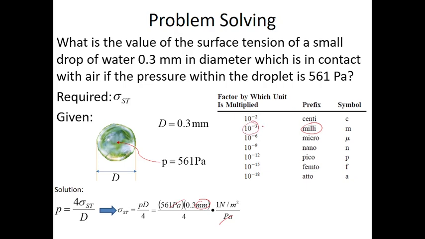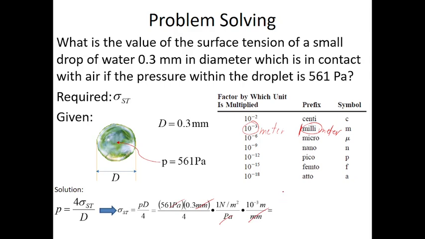So if the unit is meter, this will become millimeter. So for every millimeter, we have 10 to the negative 3 meter. One millimeter is 10 to the negative 3 meter, so that we are able to cancel. This will be cancelled out.